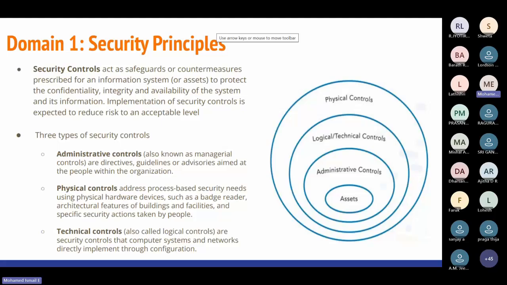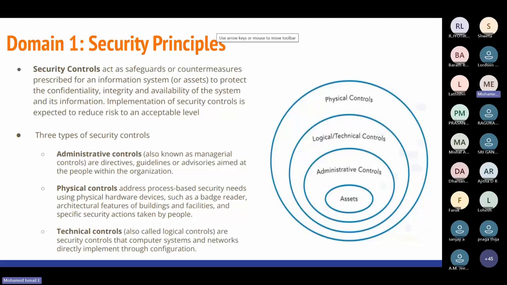Then come to technical controls. This is where mostly the networking or endpoint devices fall under. Mostly your data center door access, or if you have Windows or a PC or any type of network devices, that access falls under technical controls. Always systems and networks fall under technical controls. So why do we need to understand the security controls?